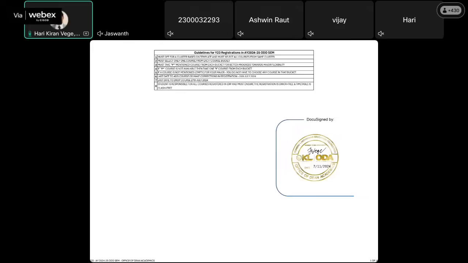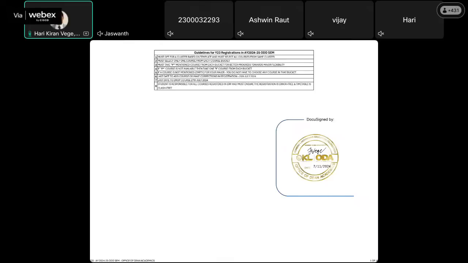So make sure your registration is error free, your timetables are clash free, and you are registering appropriately whenever the registrations open tomorrow. These are the rules for the registration process.